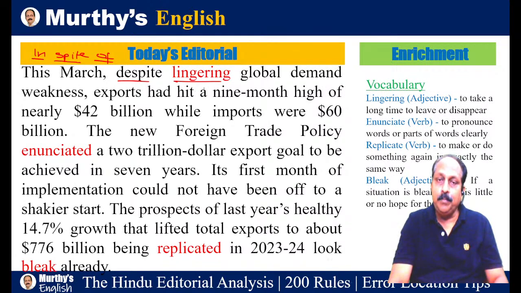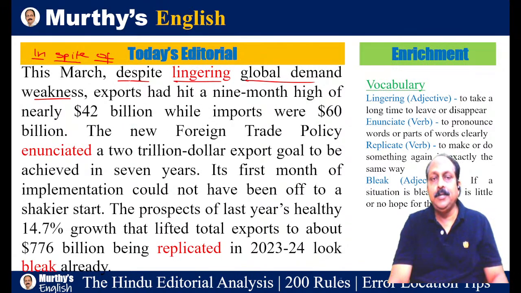This March, despite lingering global demand weakness. Linger means to stay for a long time, and to take a long time to leave or disappear. So lingering means, in a way, existing. Lingering what? Global demand weakness, something negative. Exports had hit a 9-month high of nearly 42 billion.